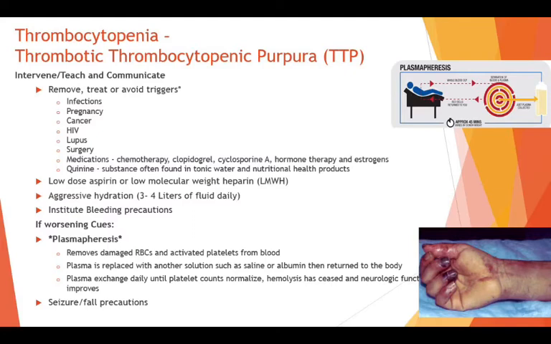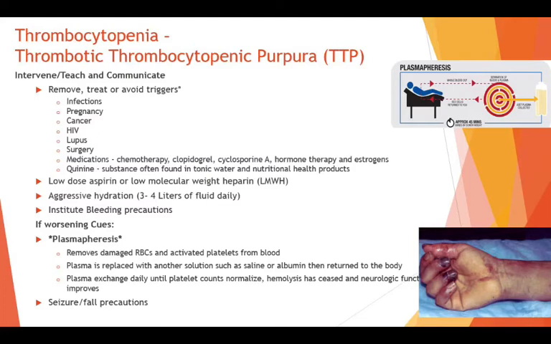I went to go pick up plasma for plasmapheresis, and they gave me 30 bags of fresh frozen plasma, because you are replacing the body's plasma with new plasma, because it's going to remove the lysed red blood cells, it's going to remove those activated platelets, and you want to put them back. Plasma is replaced with another solution such as saline or albumin, but you can replace it with other plasma as well.